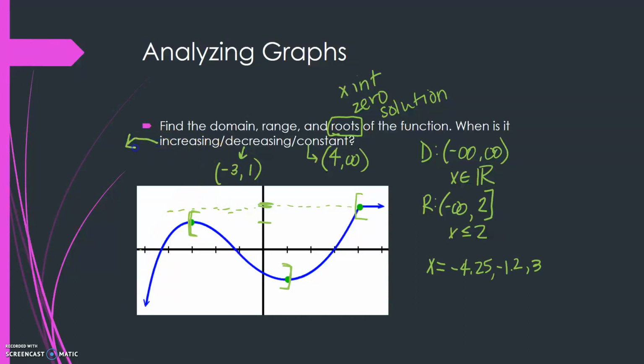I'm going to start left to right. So from negative infinity to negative 3, it's increasing. Then it jumps and comes over here from 1 to positive 4. Remember our "and," we use the union, so then we jump from 1 to 4.